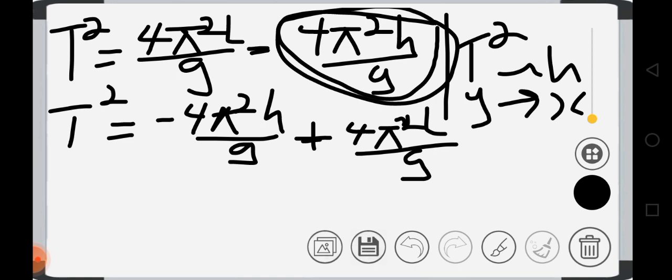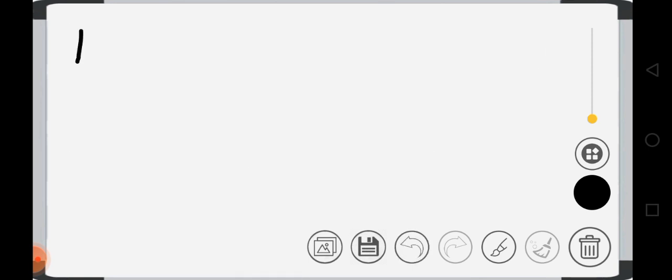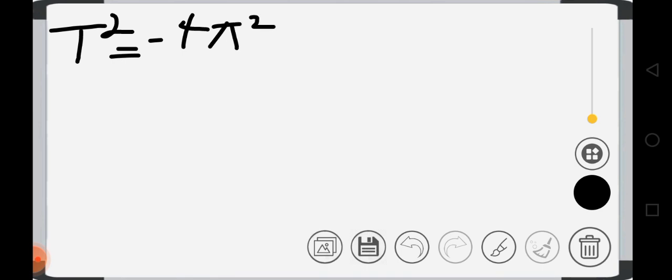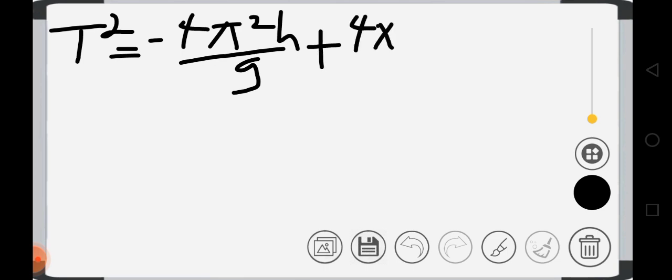So if you compare this equation now, we're having t square is equal to minus 4 pi square h over g plus 4 pi square L over g.